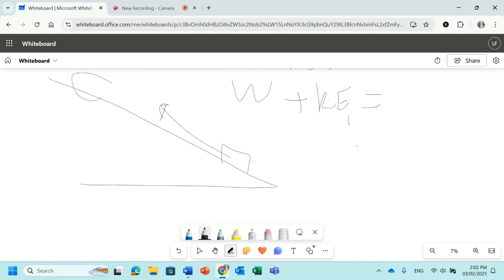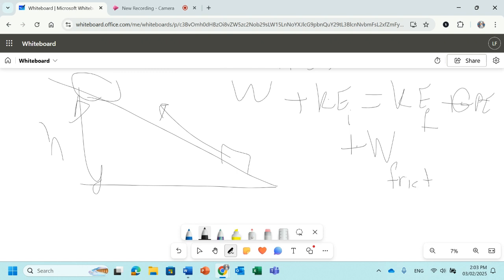At this position, at the top, the object is still moving, so I will have final kinetic energy. If it stops at the maximum position, it will be 0. Plus I have height, so it will be gravitational potential energy, plus since we have friction, that means we have energy lost due to friction, and this will be W due to the friction force.